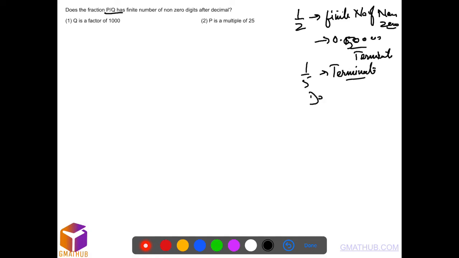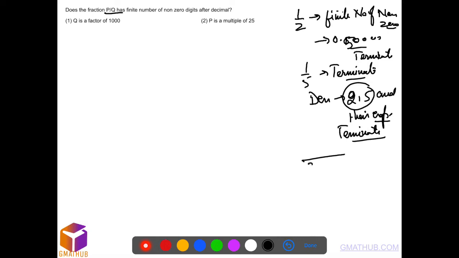So if the denominator has only 2, 5 and their exponents, it will terminate. But if the denominator has any other factor like 3, 7, 11, anything other than 2 and 5, it will become non-terminating. So that's what we check.